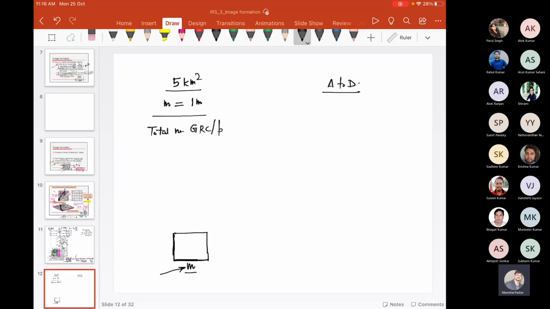There are different naming conventions for that.